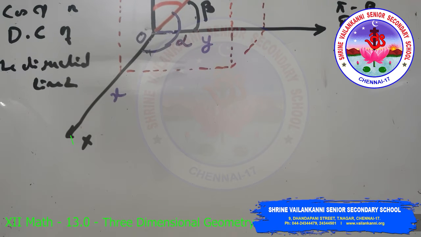Now we will see what direction ratios are. Any three numbers which are proportional to the direction cosines of a line are called the direction ratios of the line. We call them DRs or direction numbers.